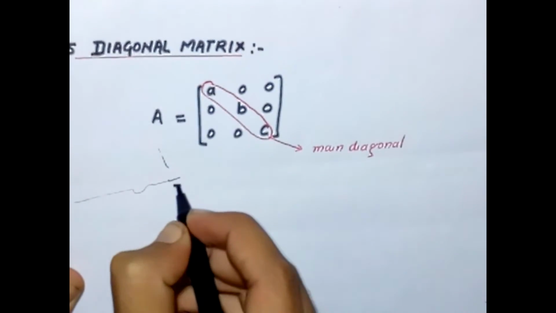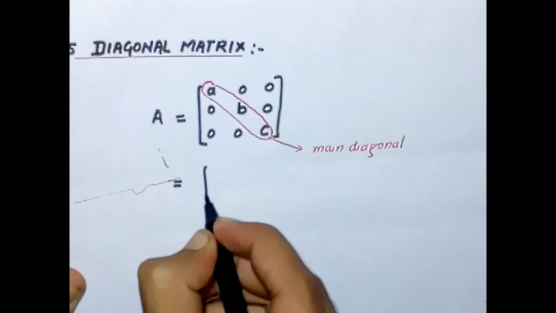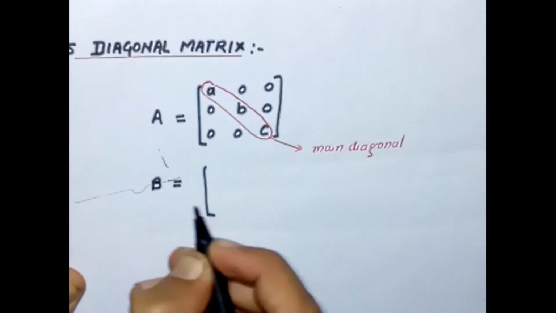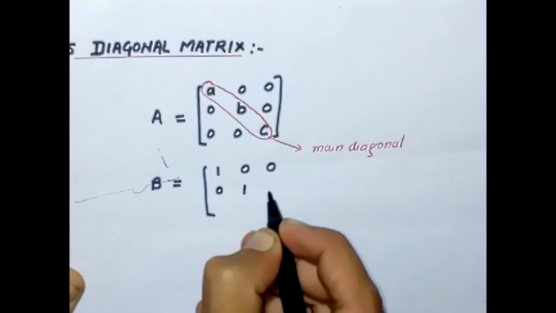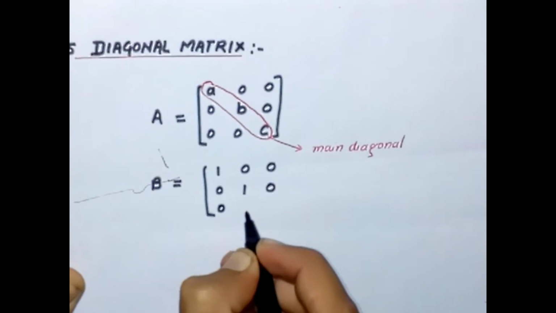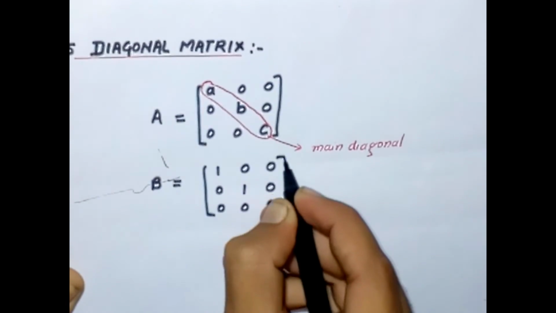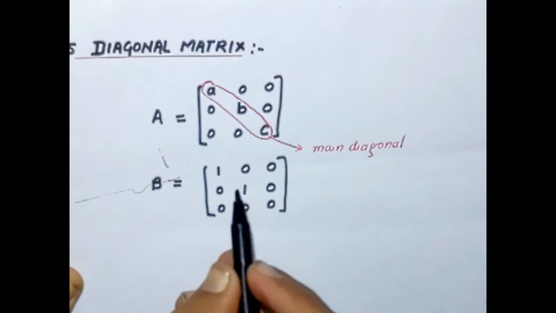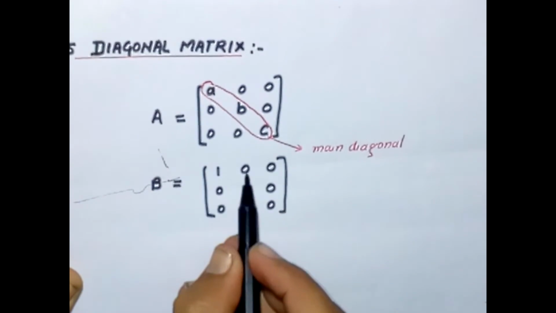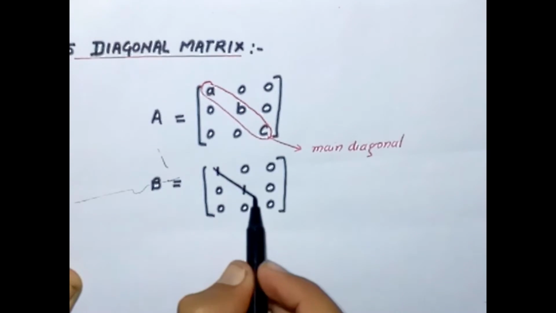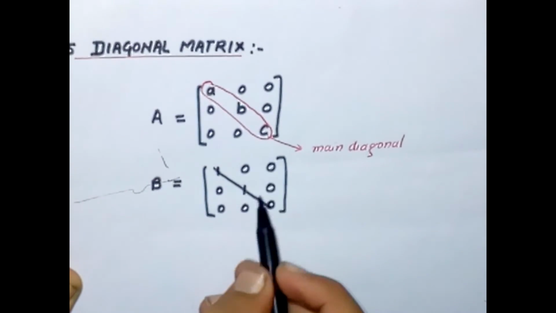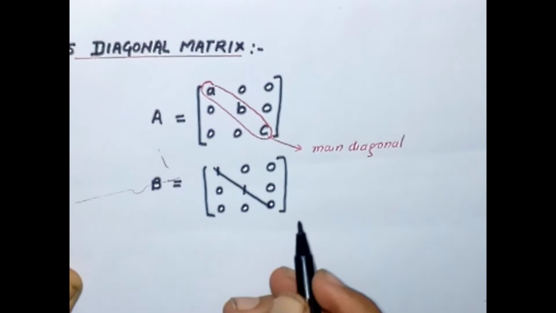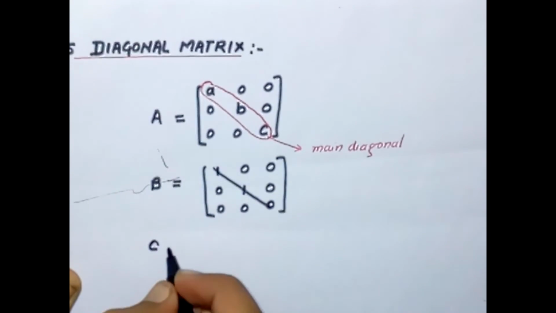For example, the matrix B, 1 0 0, 0 1 0, 0 0 0. This is a diagonal matrix because all the elements below and above the main diagonal are 0. So this is a diagonal matrix.